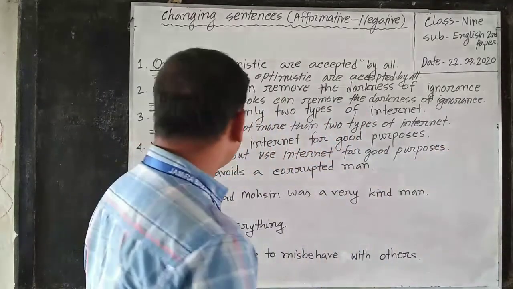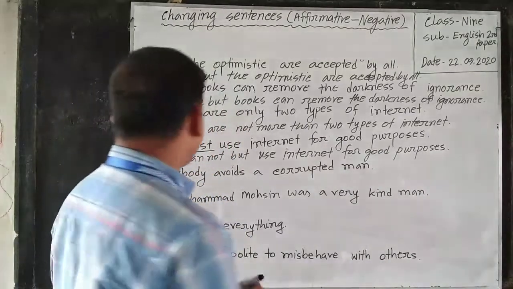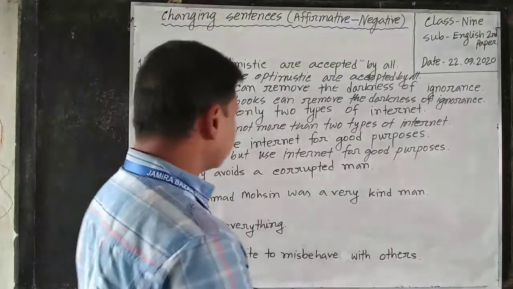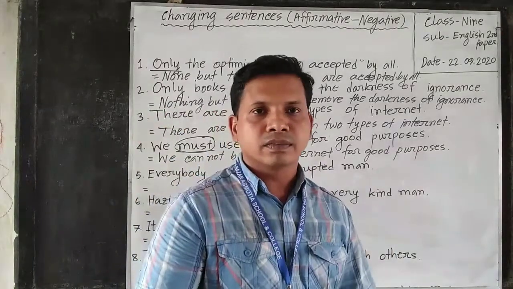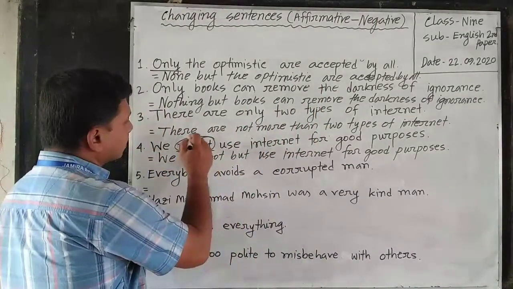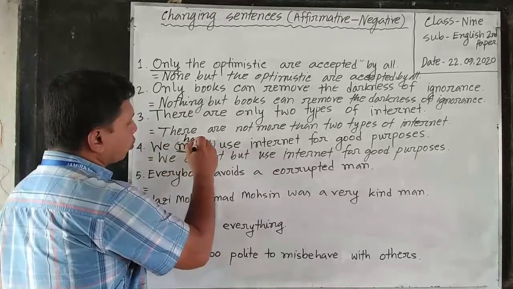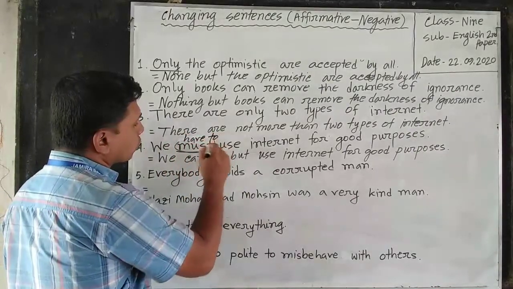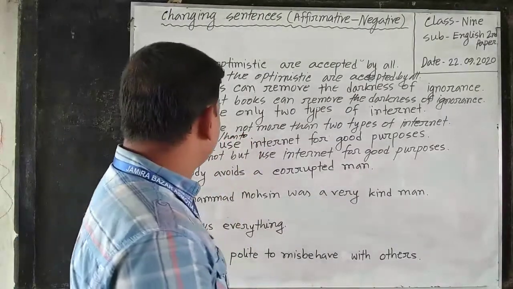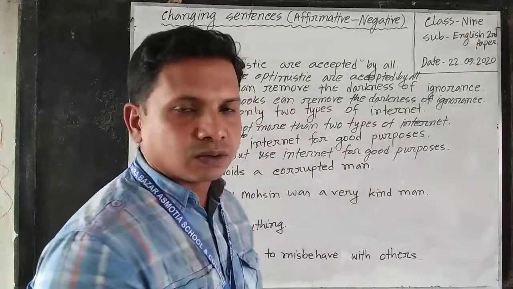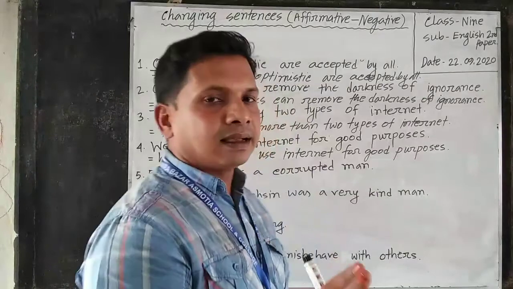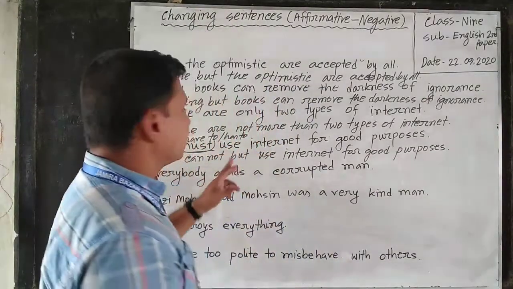Dear students, follow. Here the word must has some alternatives. If the sentence contains have to or has to, then we will also do the same thing, that is cannot but.